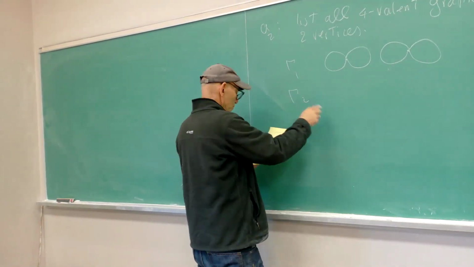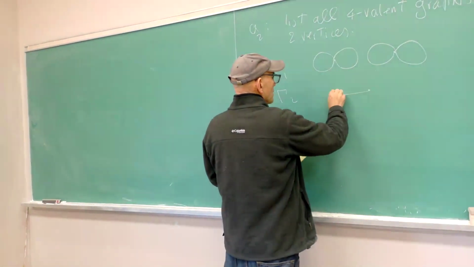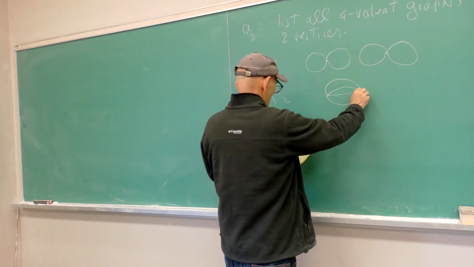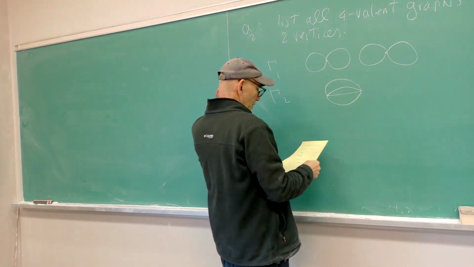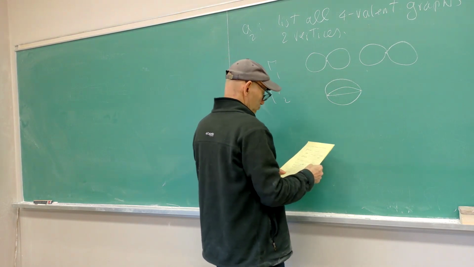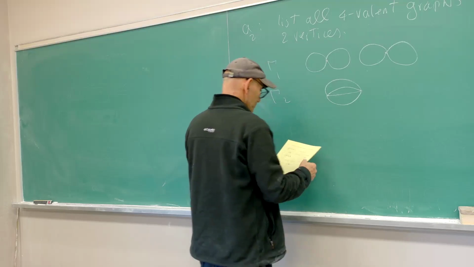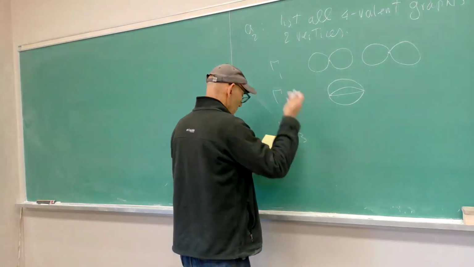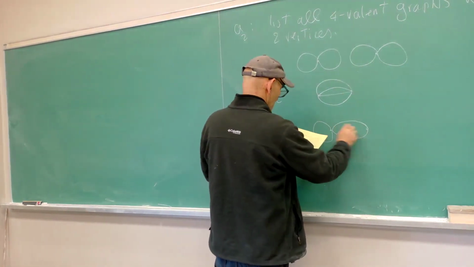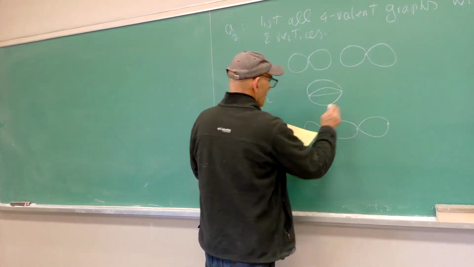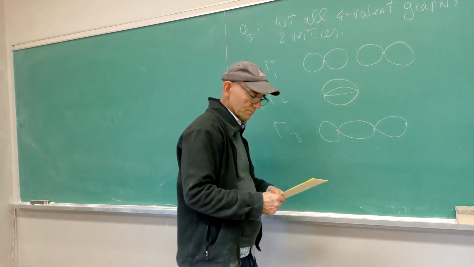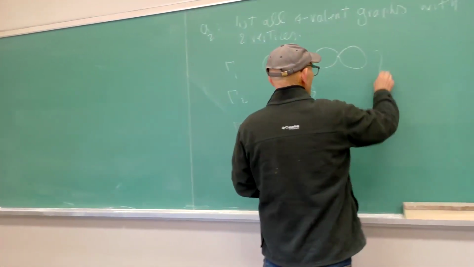There's gamma 2, which is this. Oh, this is connected, sorry. And then there is gamma 3. There are actually 3 of them in this case. So there is 1 disconnected and 2 connected. So we get a total of 3 graphs.